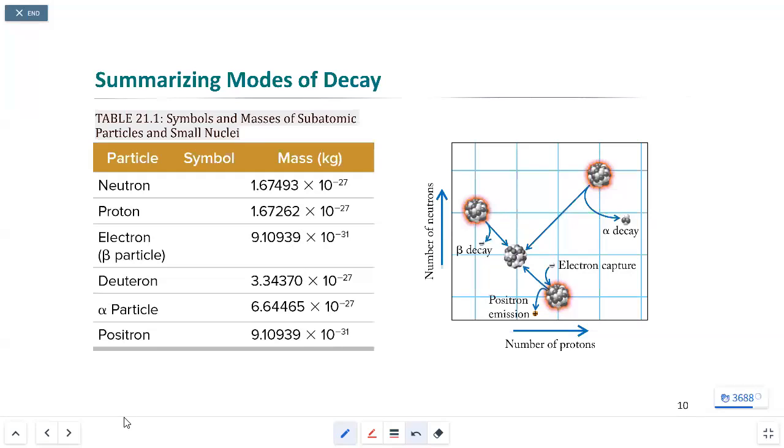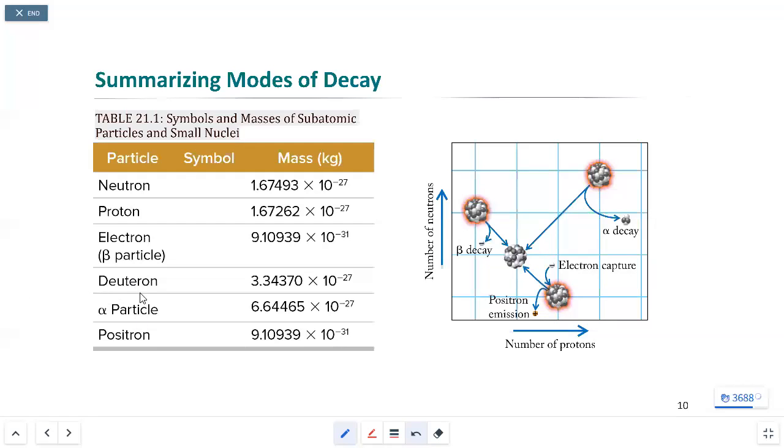They only differ on the fourth significant figure and beyond. Notice also that the electron and the positron, they truly are antiparticles of each other. Same mass, different charges. So literally, they are the same thing, just with a positive or negative charge.